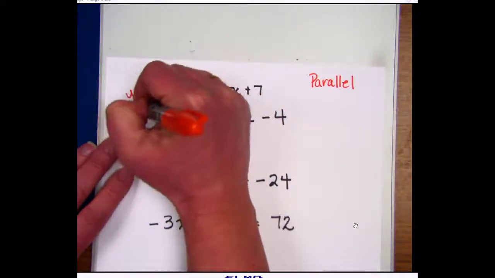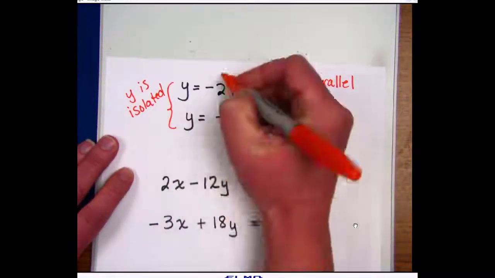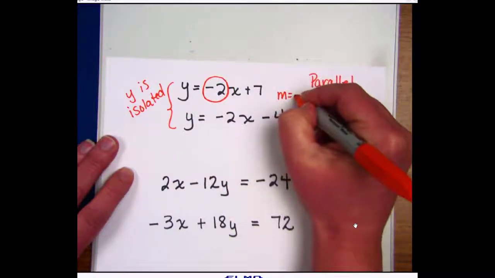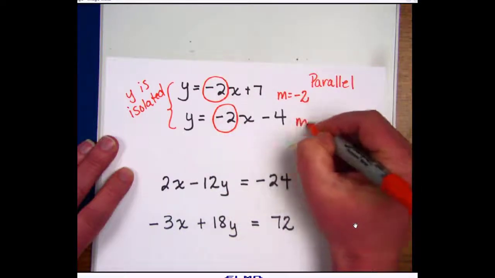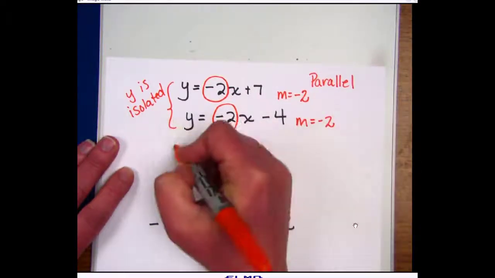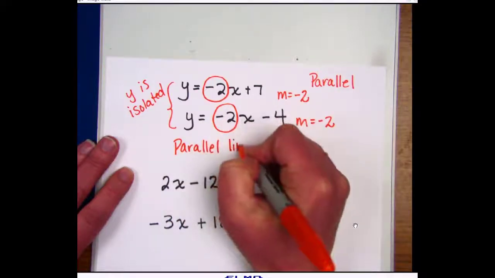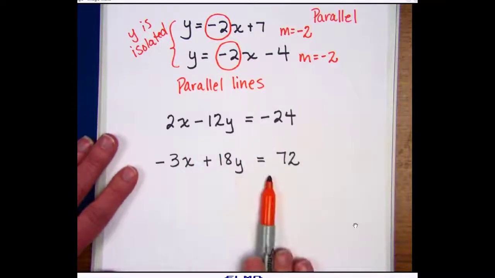And so if y is isolated, we have slope-intercept form, and that means we can just read the slope off. My slope in this case is minus 2. My slope in this case is minus 2. So these are, in fact, parallel lines.